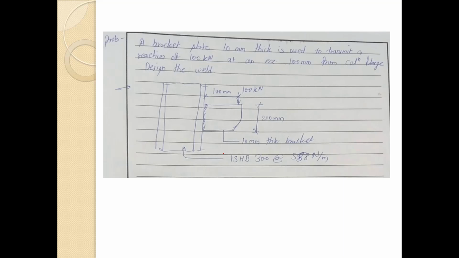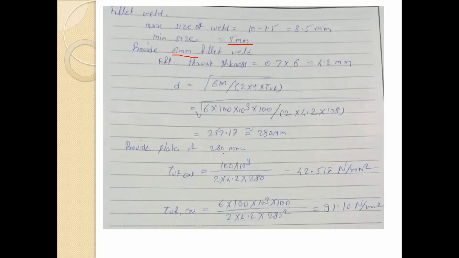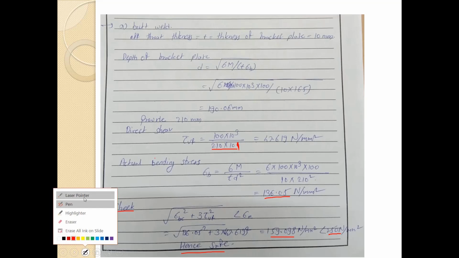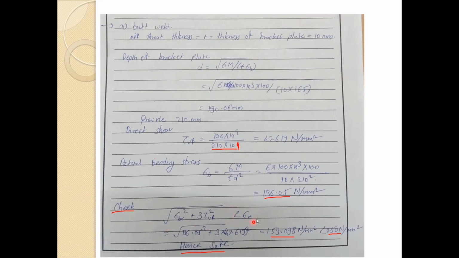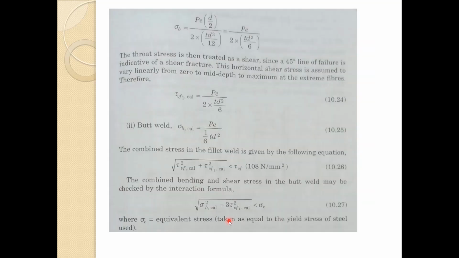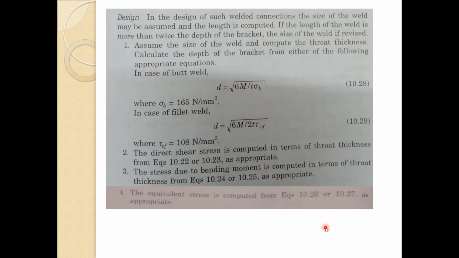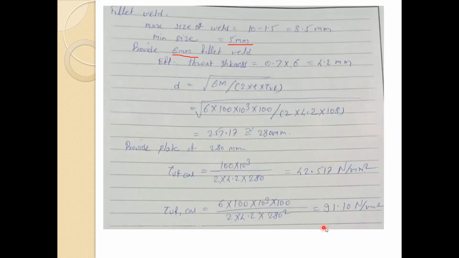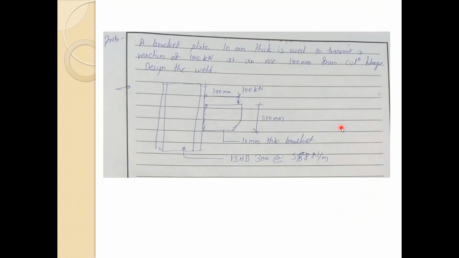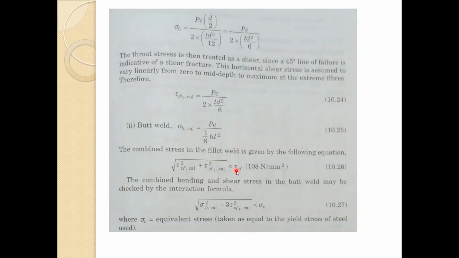As we have done in the earlier problem, we can calculate the loads by equating, in case of the butt weld, this final equation to the equivalent stress, which is again equal to the yield stress, and in case of the fillet weld we have to equate this to the shear stress in weld, that is 108. Same over here.